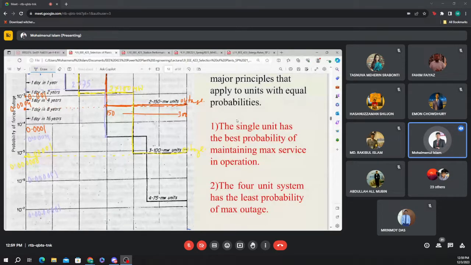So in between, maybe, the value should be. So you need to draw the line up to 3 into 75 and then draw it up to that point, and connect it till 300 megawatt. That is 4 into 75 megawatt unit outage probability.